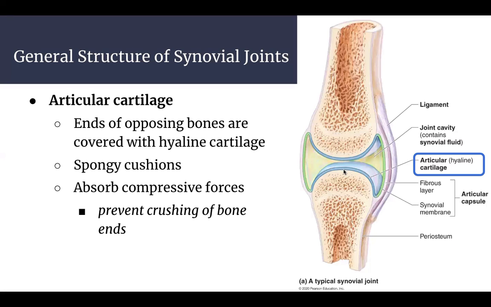It's not joining directly onto the hyaline cartilage of the opposite bone in the joint. The fluid cavity is separating the two. So here, this cartilage isn't working to join bones together. Instead, it's forming a kind of spongy cushion. It can absorb some compressive forces, and it's important for preventing crushing of the bone ends. When these bones are rubbing past each other, we don't want the ends to be crushed, and that's what the articular cartilage helps with.